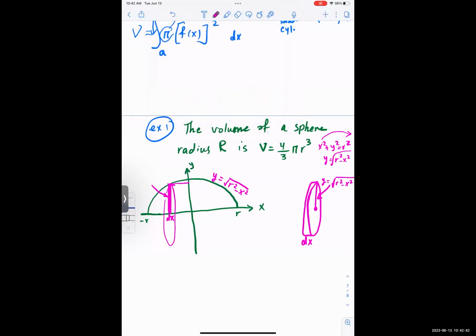Okay, now finding the volume of the small piece is pi radius squared. Radius squared in this case is r squared minus x squared, times dx. So that's going to be the volume of this tiny piece, pi r squared dx. And then it's going from negative r all the way to positive r.